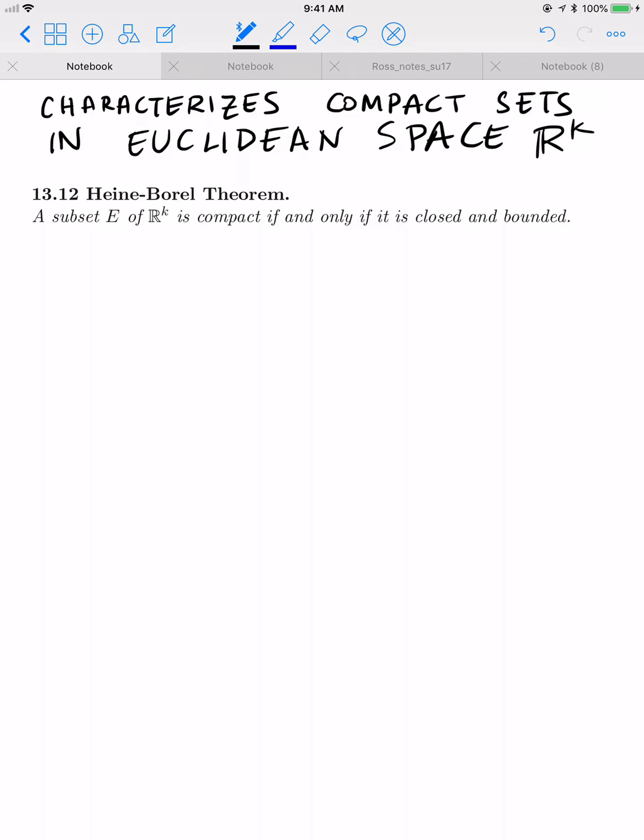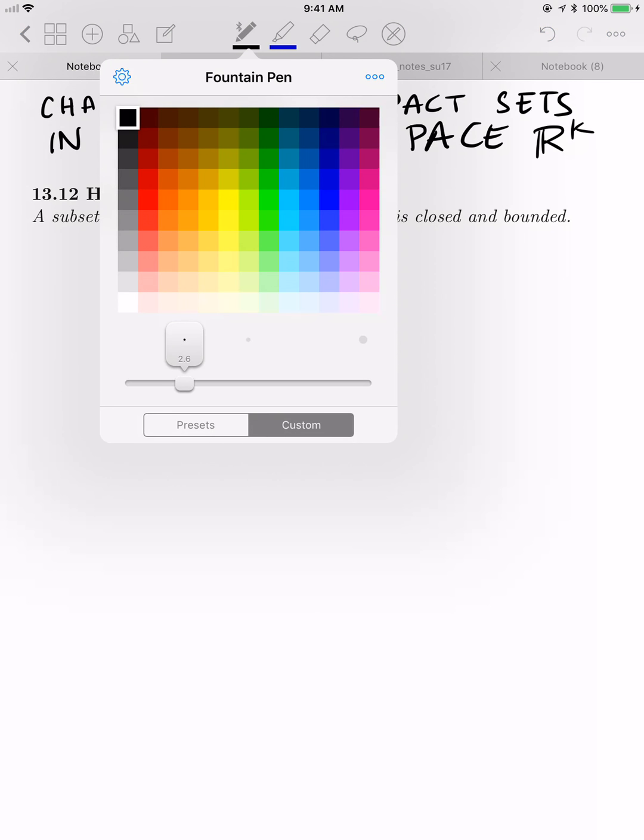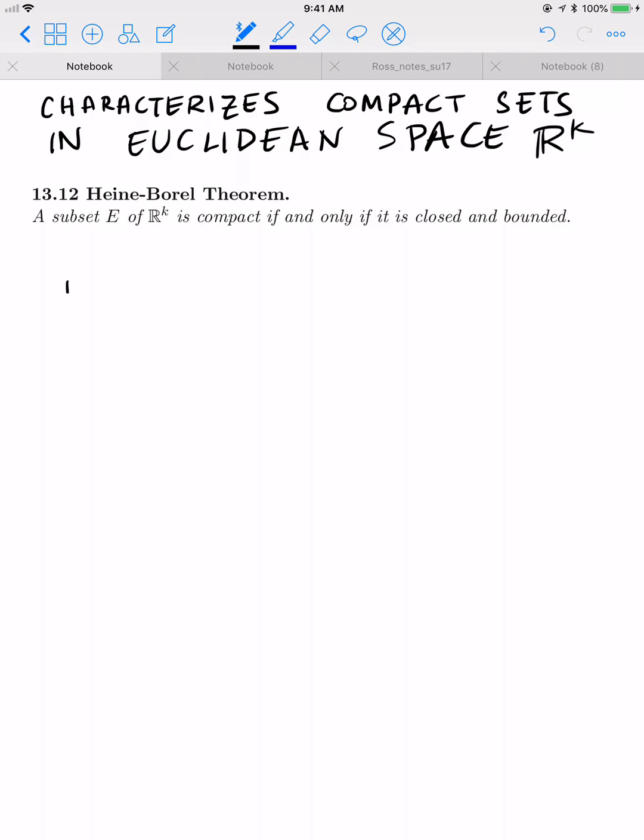So here's the statement. A subset of R^k is compact if and only if it is closed and bounded. Okay, let's get started with our proof. Our hypothesis is that E is a subset of R^k.